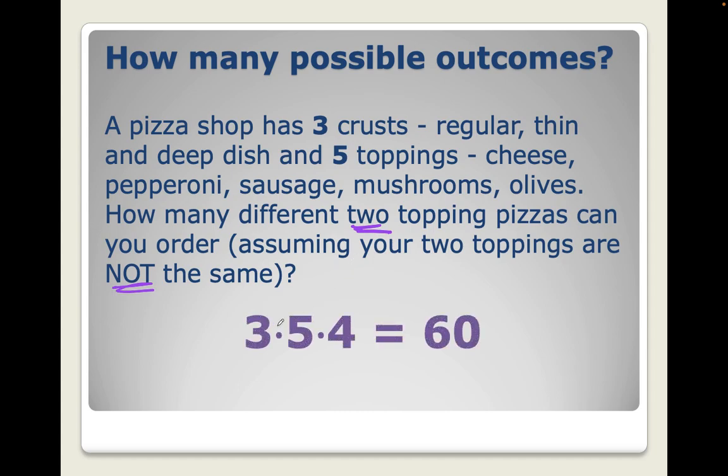This would be 3 for the number of crusts you have to choose from, times 5, the number of toppings for topping number 1, and then times 4, which is how many toppings are left for your second topping, because we're not repeating the same topping twice. So that's 60 different possible pizza combinations.